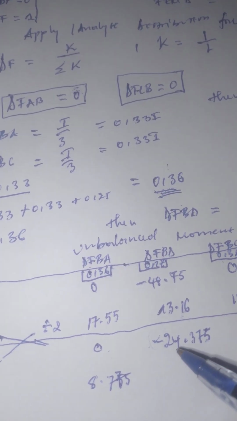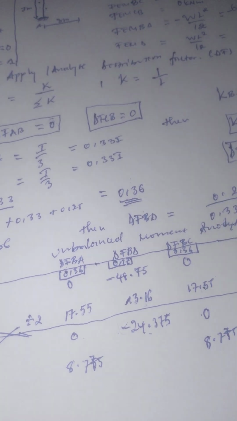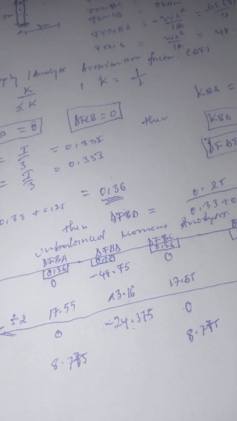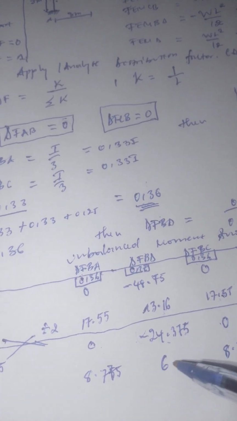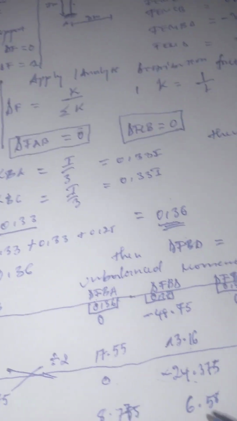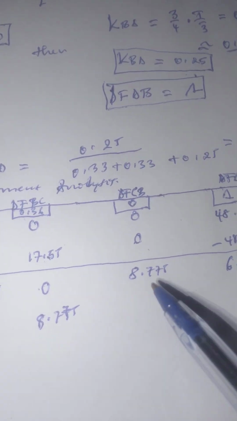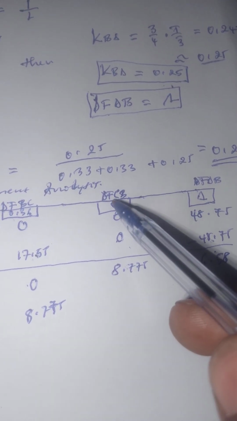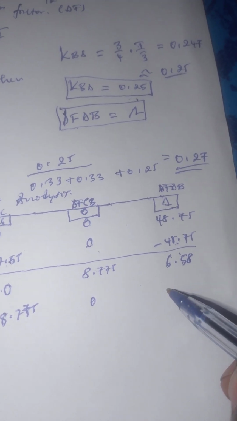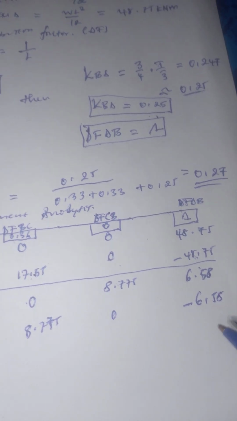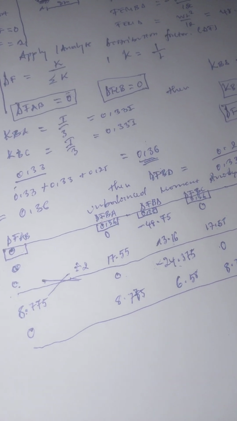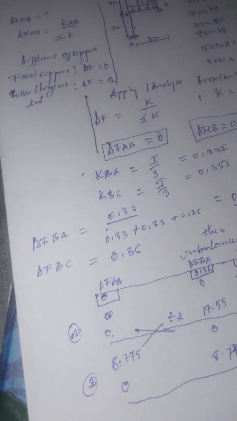Then after that, this we multiply to 0.27, you get 6.58 as positive, and this by multiplying to 0 we get 0, and this multiplied by negative 1 is equal to negative 6.58. That is the second law.